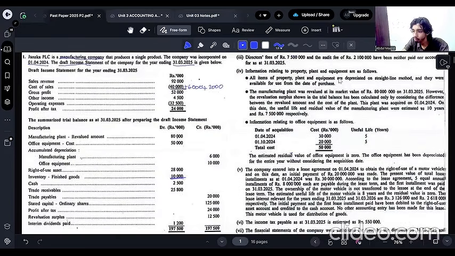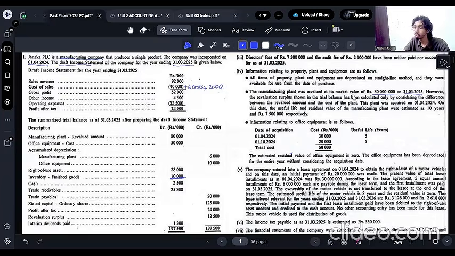Information relating to property, plant, and equipment are as follows. Okay. All the items of PPE are depreciated on straight line method and they were available for use from the date of purchase. The manufacturing plant was revalued at its market value of 80 million on 31st March 2025, the closing date. However, the revaluation surplus shown in the trial balance has been calculated only by considering the difference between revalued amount and the cost of the plant.